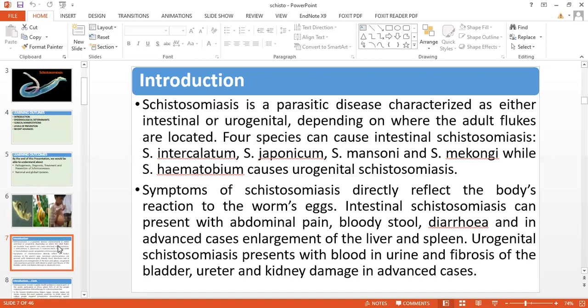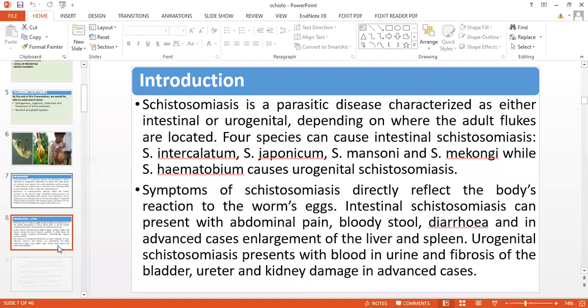Symptoms of schistosomiasis directly affect the body's reaction to the worm's eggs. Intestinal schistosomiasis can present with abdominal pain, bloody stool, diarrhea, and in advanced cases, enlargement of liver and spleen may happen. While urogenital schistosomiasis presents with blood in the urine and fibrosis of the bladder, ureter, and kidney damage in advanced cases.